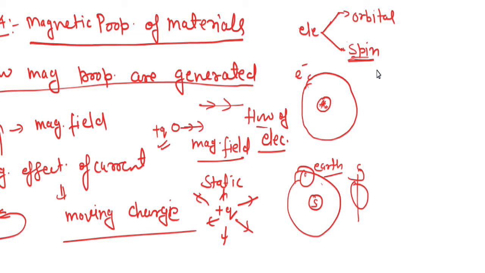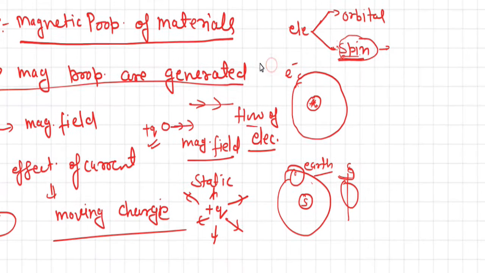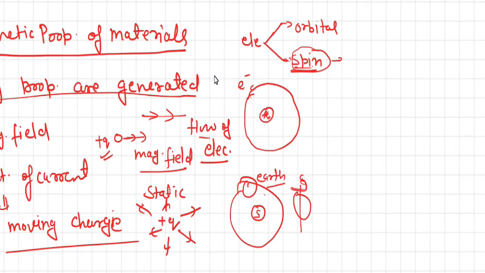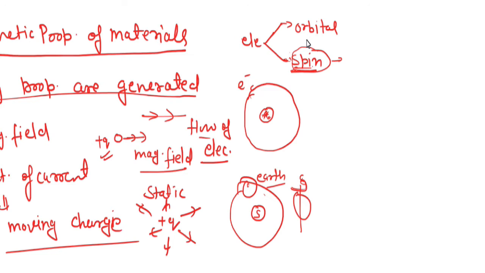But this spin is not related to spin like Earth. This is a quantum mechanical term, and this is not related to the spin in classical mechanics, but you can compare, or you can say that electron has two motions, orbital and spin.